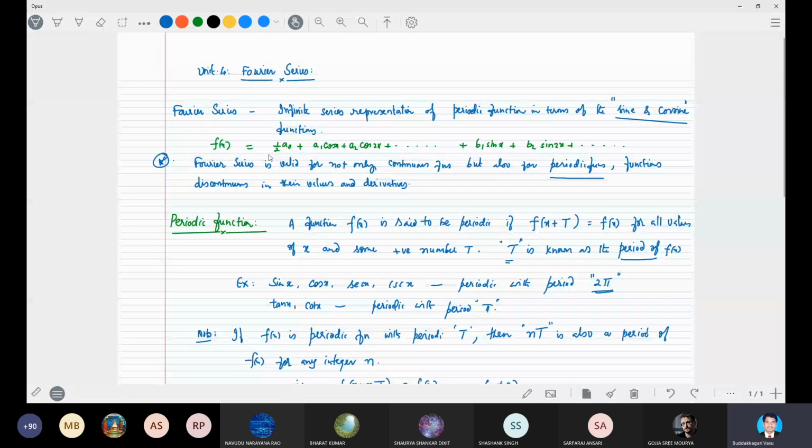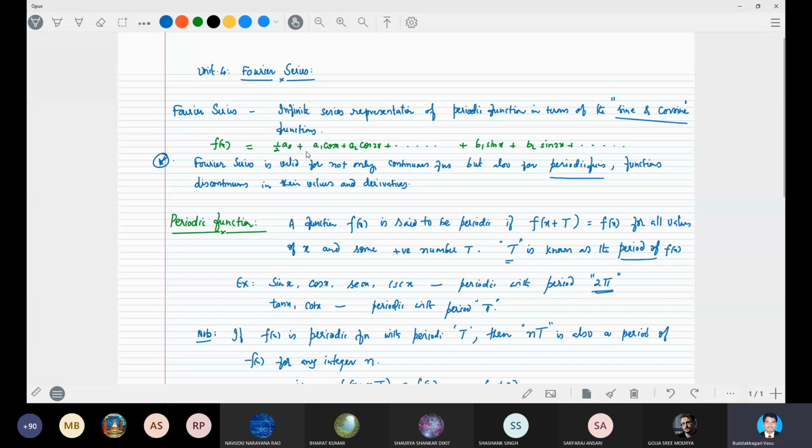That is based on the convergence concept. There are an infinite number of terms, so here convergence and divergence are introduced.